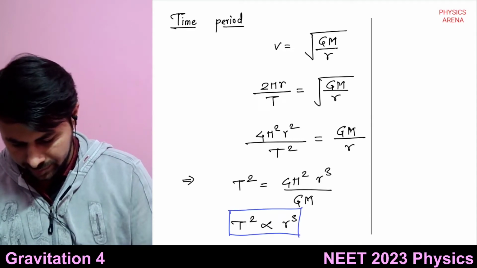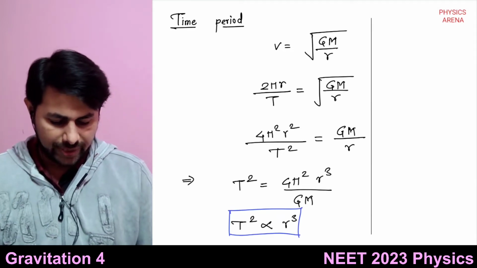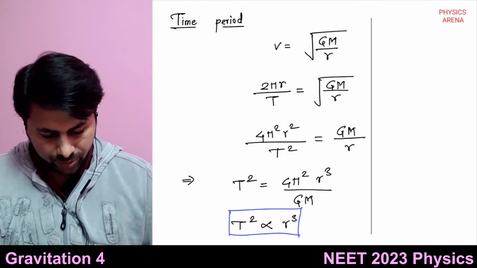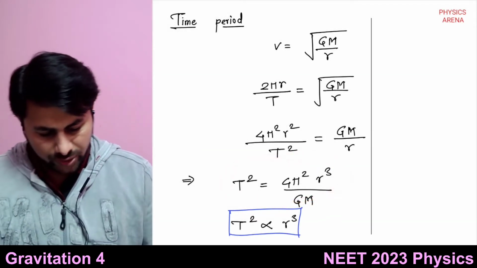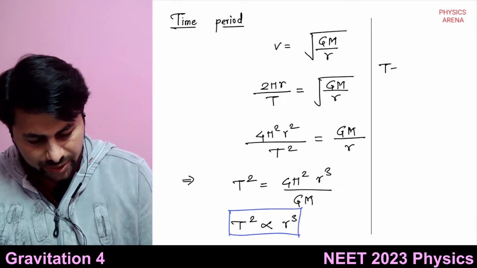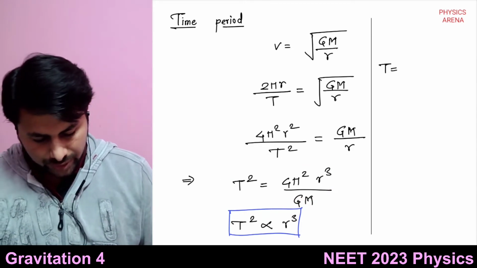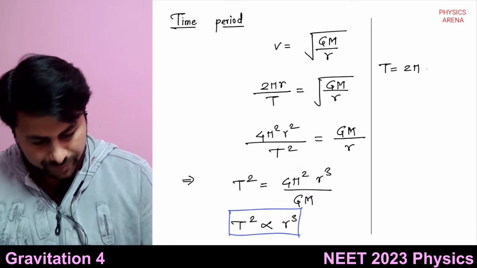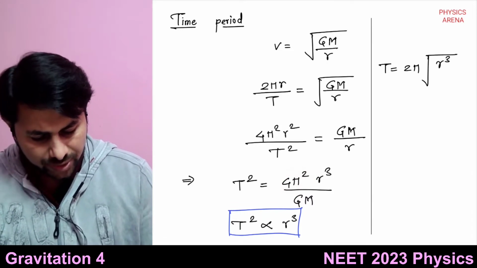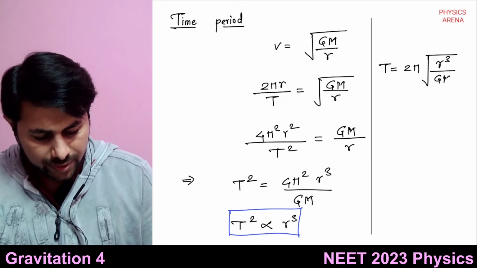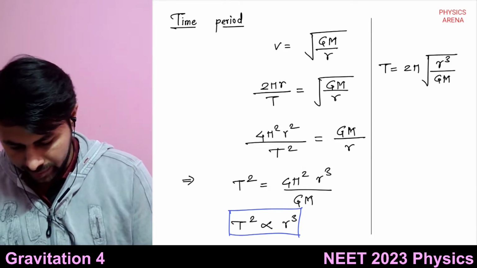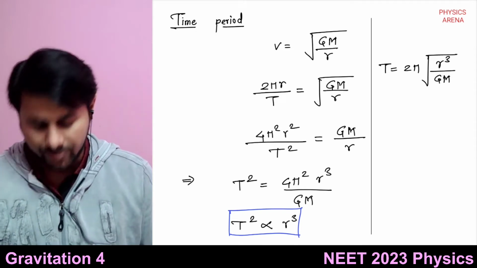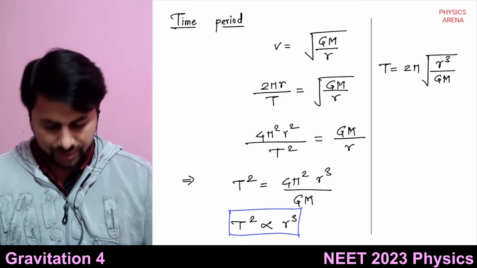And then if you want, you can find the formula for the time period by taking the square root on both sides. If you take the square root, you get T equals 2 pi times the square root of r cube upon GM. So this is the formula for the time period of a satellite revolving around Earth.